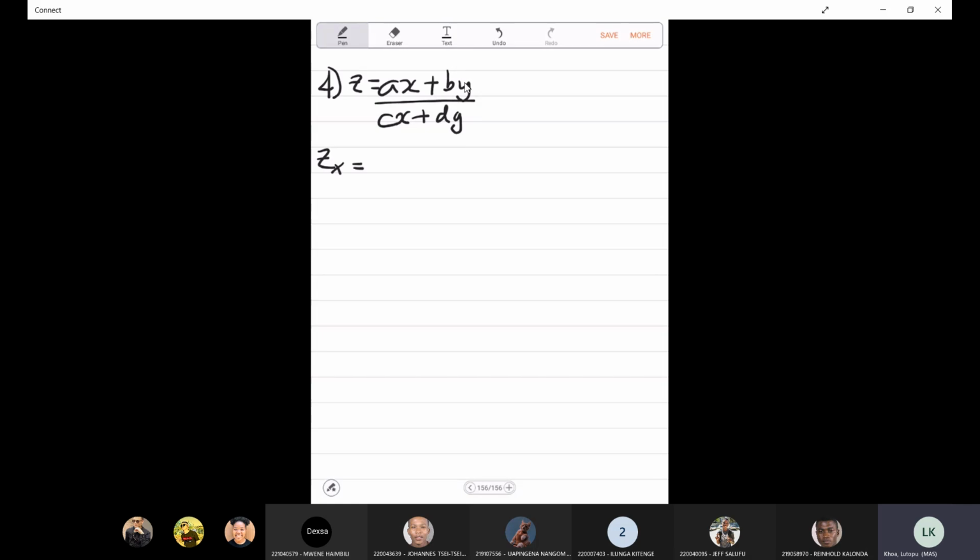So using the quotient rule, we have the derivative of the numerator, which is A, multiplied by the denominator the way it is, then minus the derivative of the denominator multiplied by the numerator the way it is, and then we square the denominator.